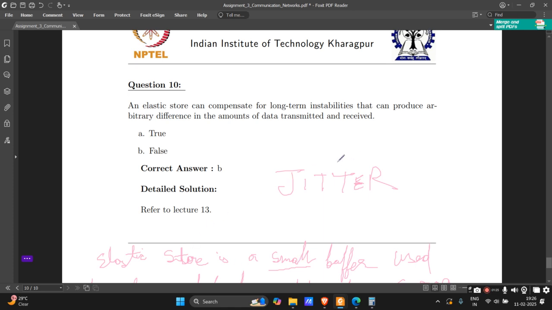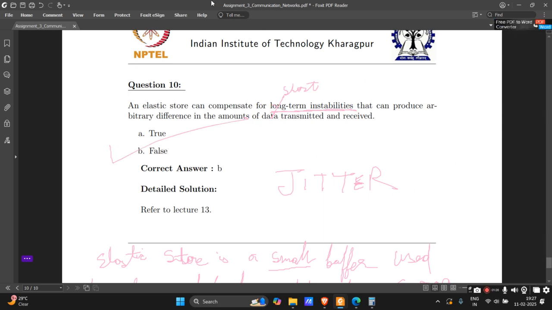It cannot solve the data rate difference problem for the long term, only for the short term because it is a small storage. So the statement given here, long-term instabilities, is false.